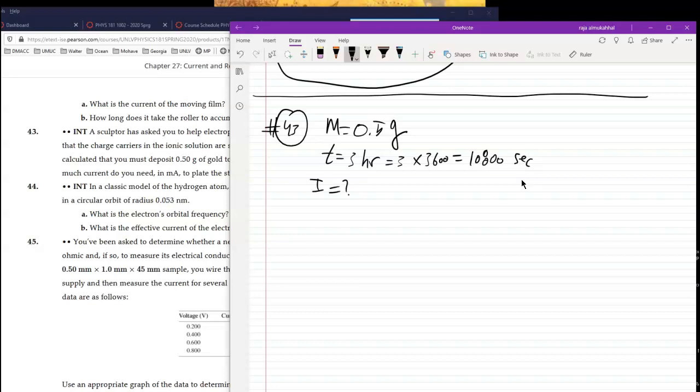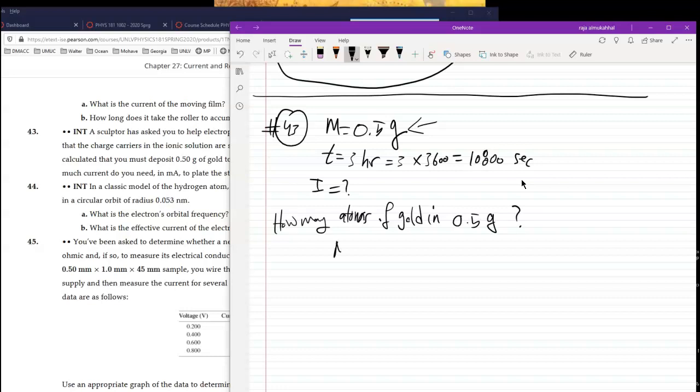So the first thing I need to know is how many atoms of gold are in this half a gram of it. How many atoms of gold in 0.5 gram? Well, go back to chemistry.